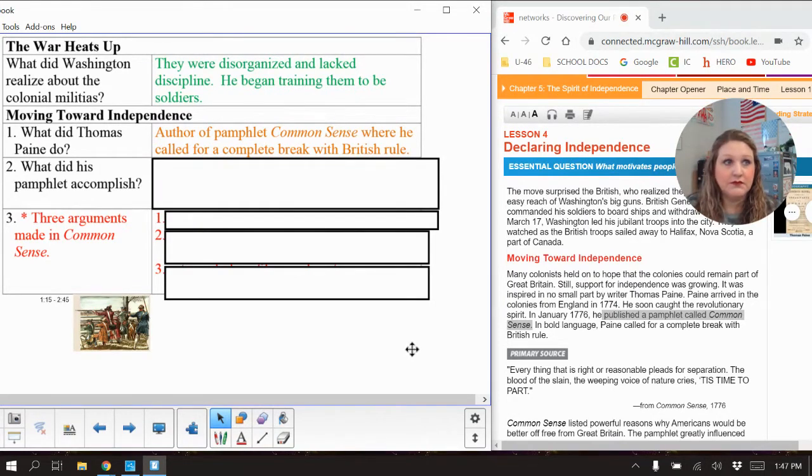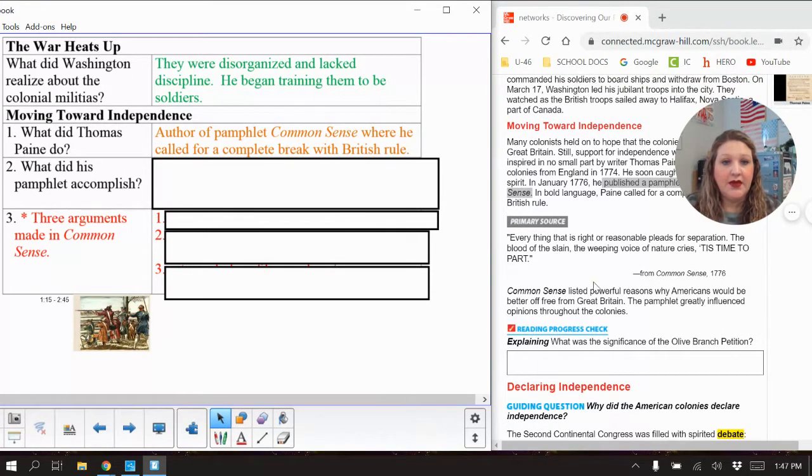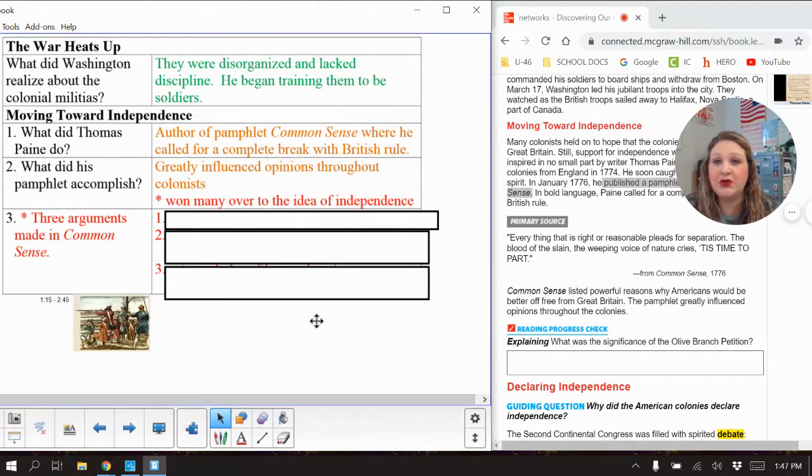And then in the last part here, it said that the pamphlet greatly influenced opinions throughout the colonies. So that's what his pamphlet accomplished for number 2. He greatly influenced opinions throughout the colonies.